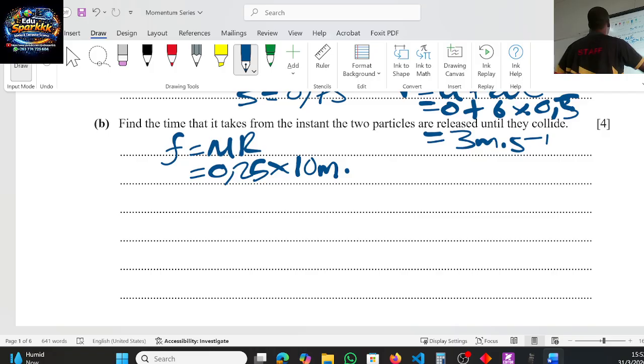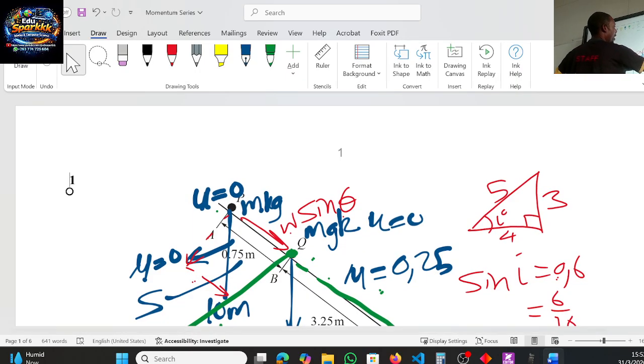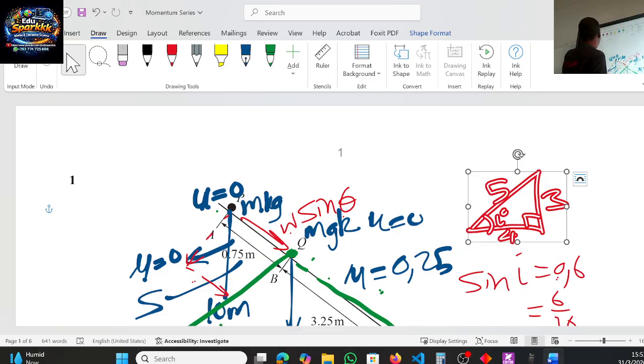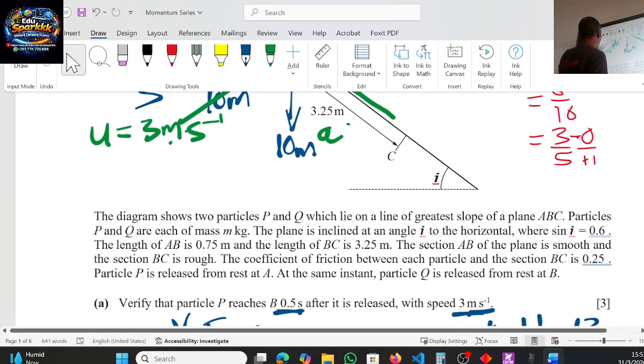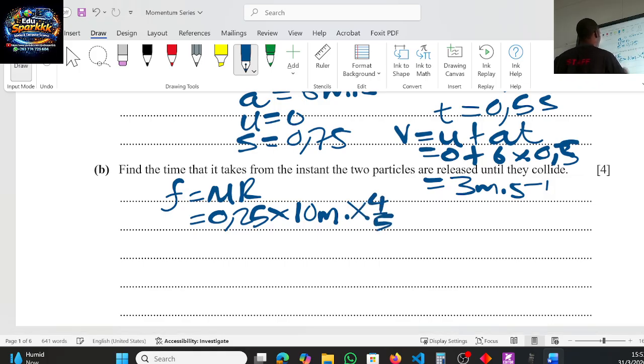But cos theta, if we look at our shape, the red one, cos is adjacent over hypotenuse, which is going to give us 4 over 5. So this is our total friction.